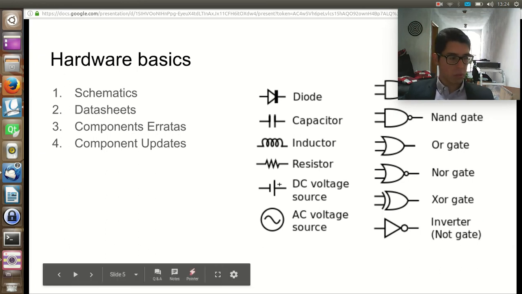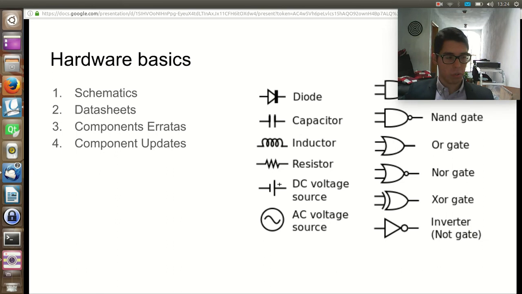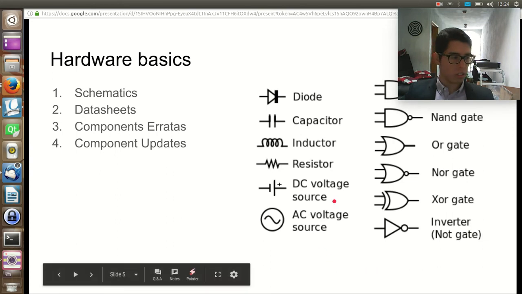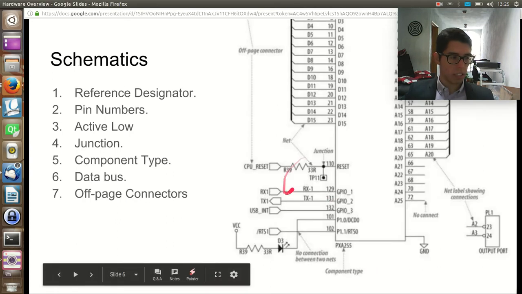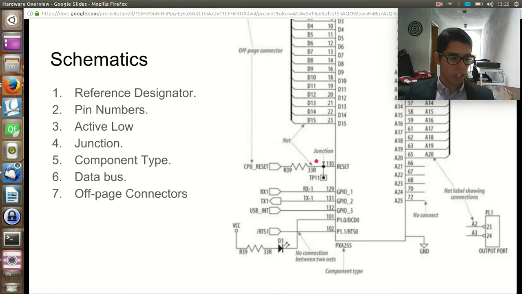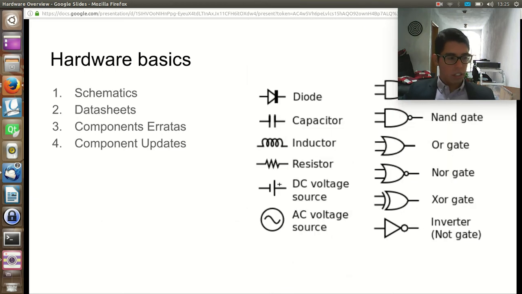You also would like to have data sheets of all the major components of your board, so you can seek out the schematic, see all the components you have on the board, and find and download all the data sheets. It's a good idea to look for any errata documents for all the devices.